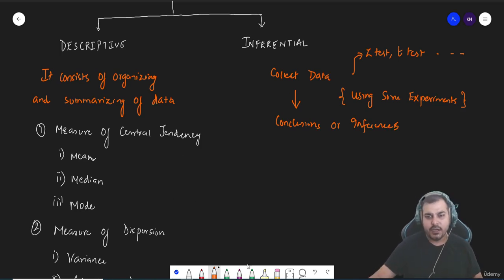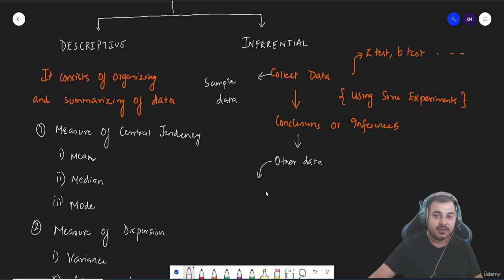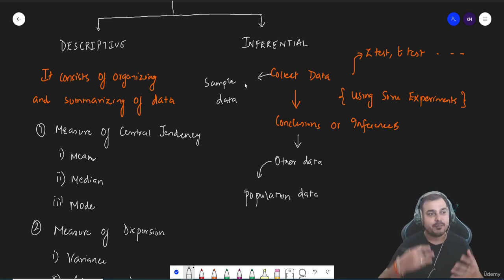First of all, we collect some data, and this data is usually called sample data. Then through some experiments, we make some conclusion, and this conclusion is actually made for some other data. And this data is basically called population data. Okay. So what we do, we usually take some sample data. What is the difference between population and sample?